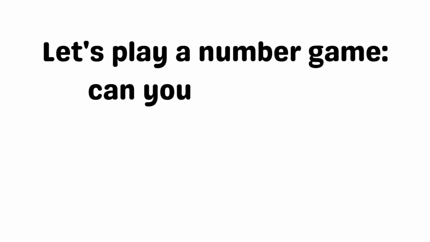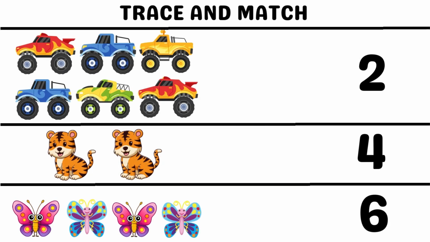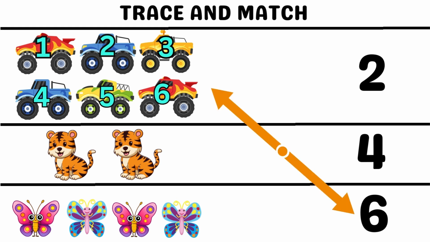Let's play a game. Can you pair up the objects with their matching numbers? Can you tell me which of these objects are 6 in number? 1, 2, 3, 4, 5, 6. 6 monster trucks. That's correct.